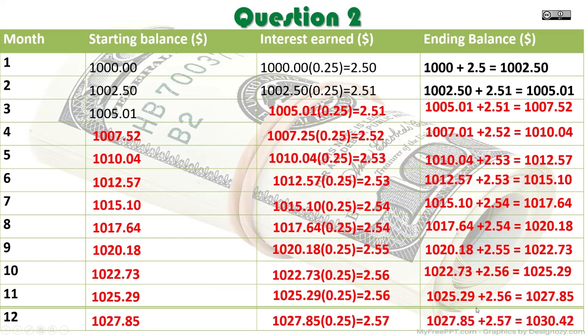We add that in to our $1,027.85 plus the $2.57 interest that we earned to get $1,030.42. So after 1 year, we end up with that amount using our understanding of compound interest, starting with a yearly amount of 3% and what happens over each month.